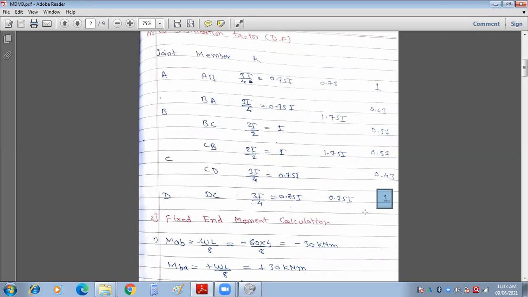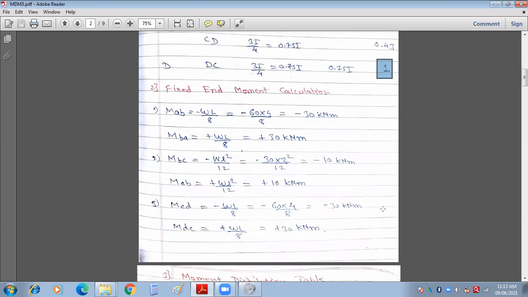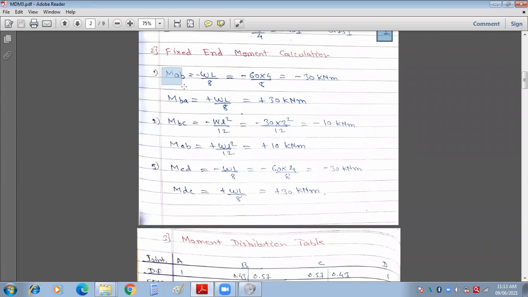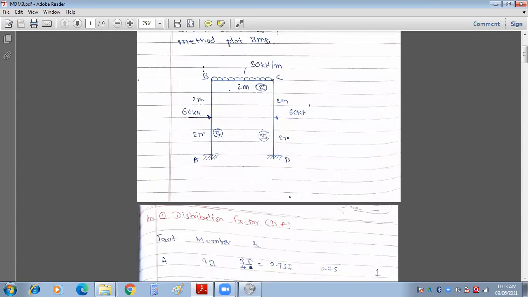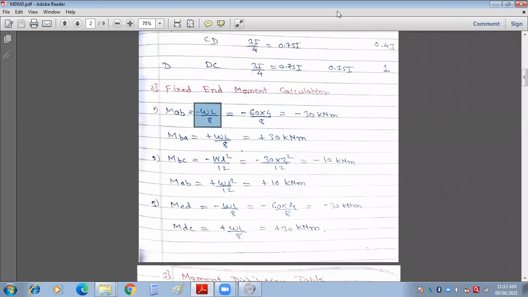Next step is to find out the fixed end moment calculation. As we know, member AB is vertical and it carries a point load at the center. For the fixed end moment, instead of this frame, we assume that this frame is nothing but a fixed beam. Let us consider this beam.